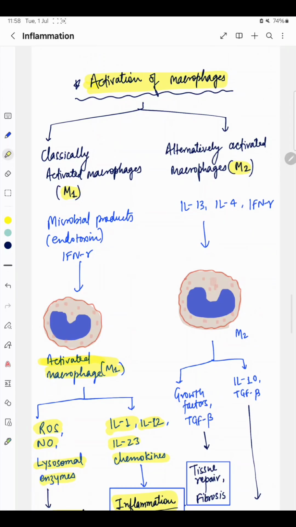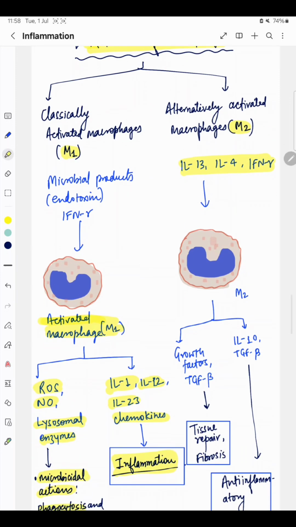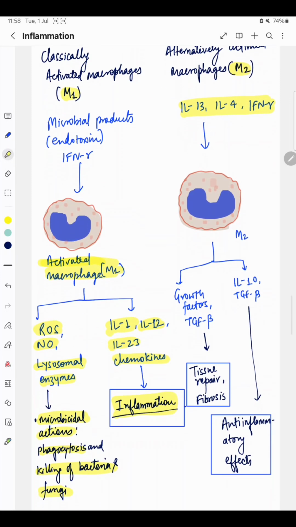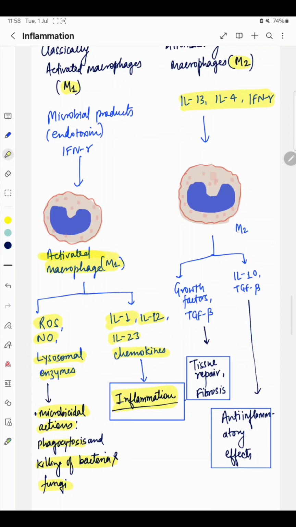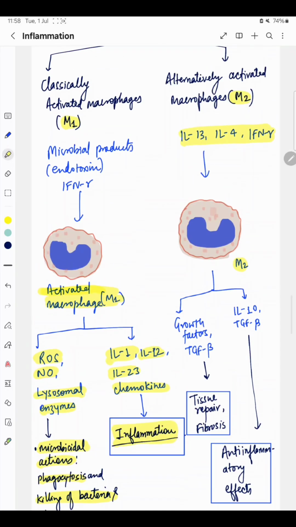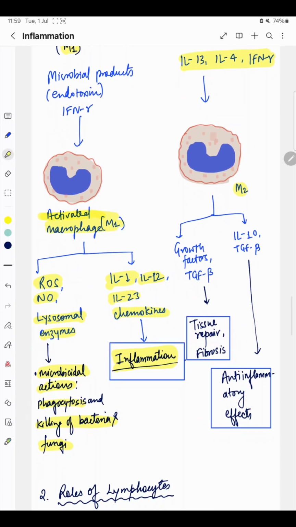Now we see the alternatively activated macrophages. Cytokines like interleukin 13 and interleukin 4 activate macrophages into the alternatively activated macrophage, M2. These M2 macrophages secrete growth factors and TGF beta, which play an important role in tissue repair and fibrosis, and they secrete cytokines like interleukin 10 and transforming growth factor beta.